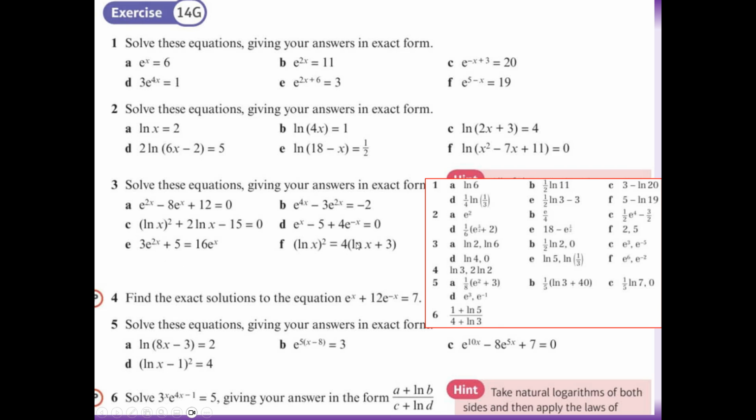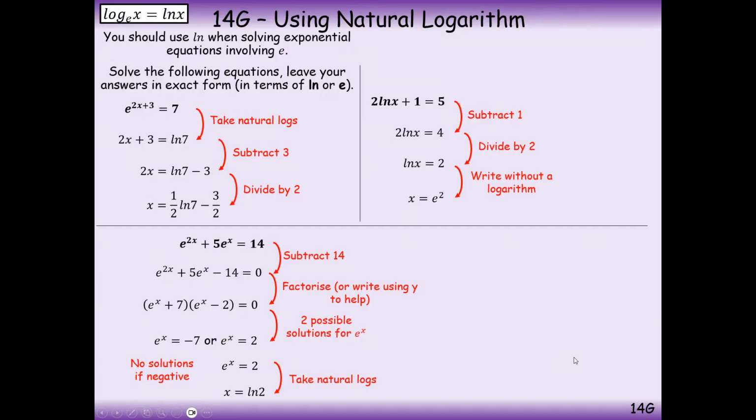Some of them, I believe, have a difficult version. For example, you may see an equation where you have e raised to the power of 2x plus, I don't know, 5e to the power of, I'm making up this equation, it doesn't have a solution, e to the power of x plus 1, plus 14 equal to 0.